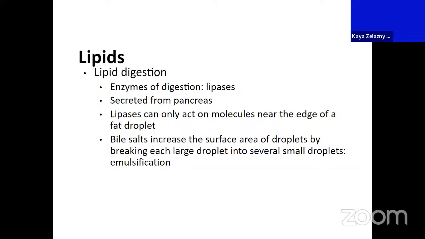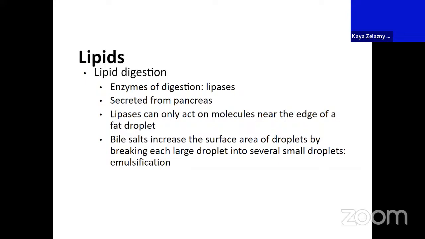So we are going to break apart that fat droplet with our bile salts. So this is one of the important functions of bile, which we know is being made by the liver, potentially stored in the gallbladder. The liver keeps making it. We can store it until we need it, until we eat a fatty meal. Okay.